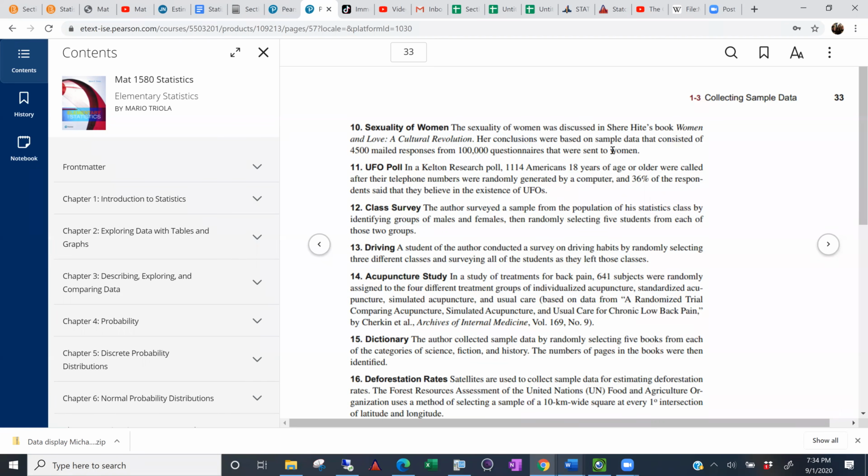Okay, let's keep going. Problem number 10 was convenience. Let's look at problem number 12. The author surveyed a sample from the population of his statistics class by identifying groups of males and females, then randomly selecting 5 students from each of those 2 groups.